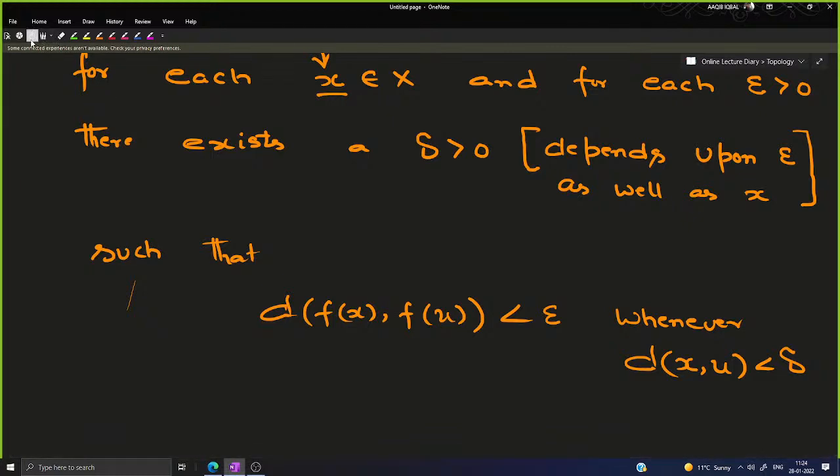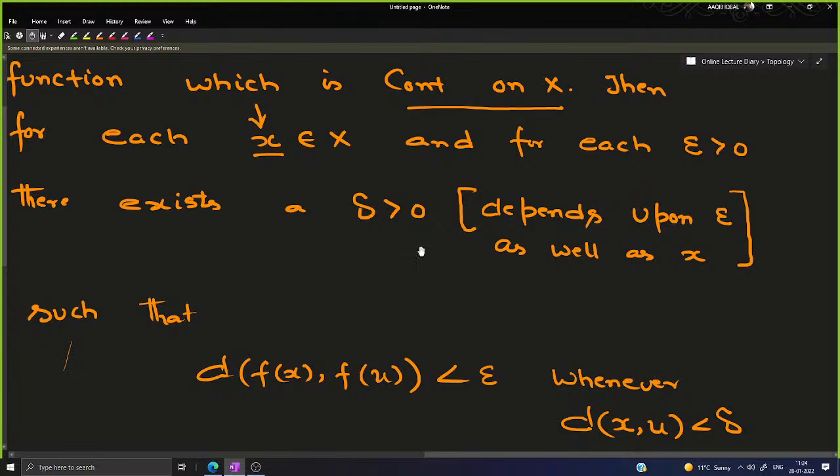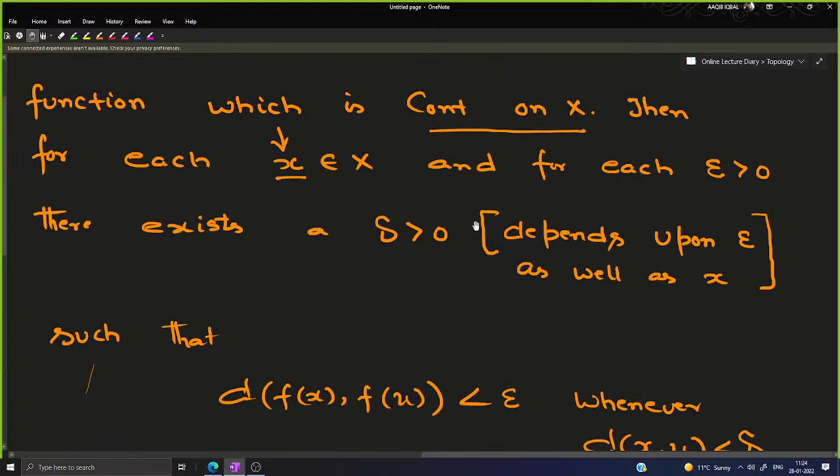अब यहाँ मैं आपको ना एक चीज आपके जहन में डालना चाहता हूँ, वो ये है कि the dependence of this delta on the point x. In general, this delta depends upon epsilon पर तो depend करेगा ही करेगा, and it also depends on the point x जहाँ की आप अभी बात कर रहे हैं. फिलहाल के लिए we are speaking about this little x, और in general this delta जो इस epsilon के corresponding आता है, it depends upon x also.